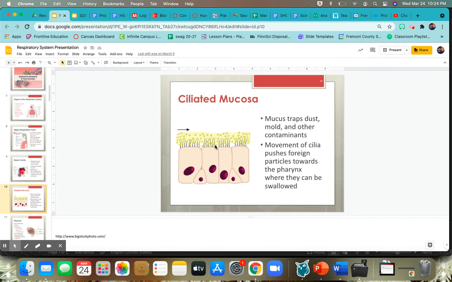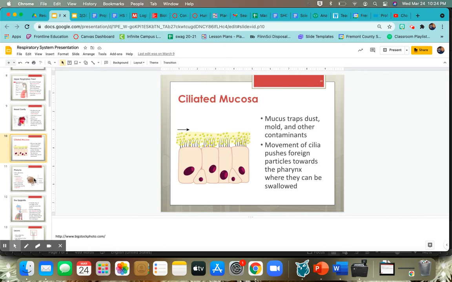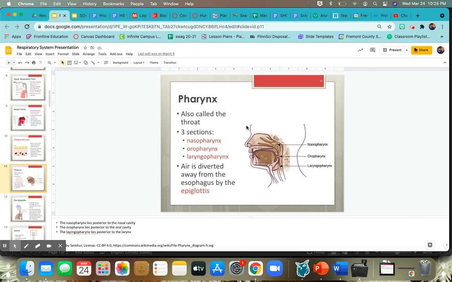So the mucus in our nasal cavity helps trap the stuff that we don't want down there. And then the cilia push those things towards the pharynx where we can swallow them, or sometimes we can spit them back out, to help regulate what goes down through the trachea to the lungs.